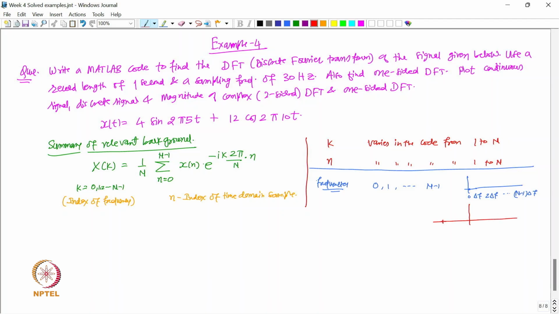So, I can have minus n by 2 into delta f, then 0, then delta f, then 2 delta f, and then up to n by 2 minus 1 into delta f. So, you have a negative frequency axis and a positive frequency axis.